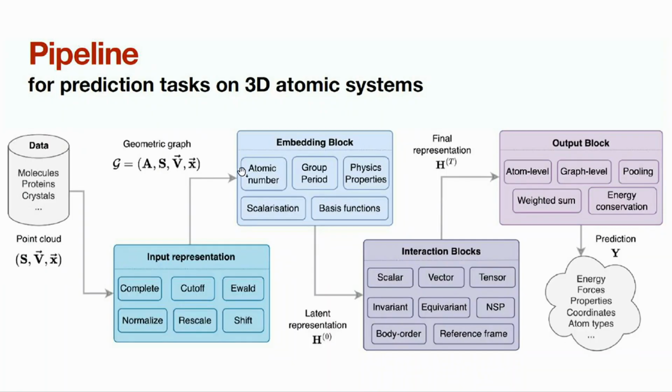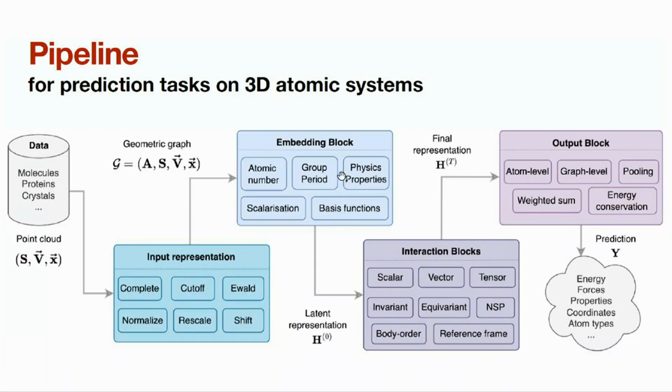So after having this geometric graph, we're then using some embedding blocks, treating different parts of these features as some quantity related to biophysics or chemical properties. For example, the atom number or atom type is naturally one type of scalar feature, right? And you can consider other periodicities or some basis functions as a way of characterizing a feature related to the geometric attributes.